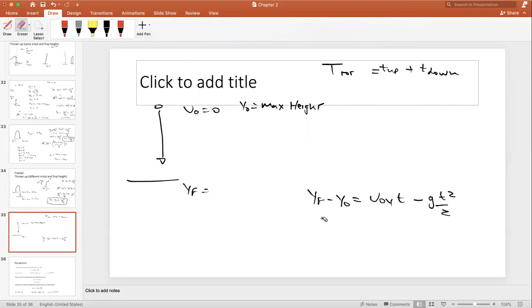I like to avoid quadratics because I mess them up or I forget where the sign goes. But you can do them as a 2-part problem and find the time up and the time down, or you can do them as a quadratic and find the total time. The difference is that when you do the 2 different times, you're going to have a different y initial and y final when it goes up and a different y initial and y final when it drops.